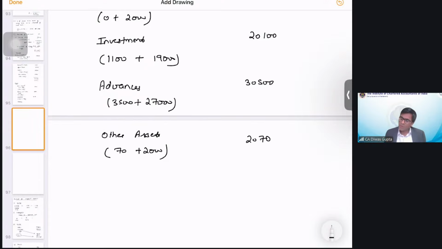This becomes 2070, the value of other assets.